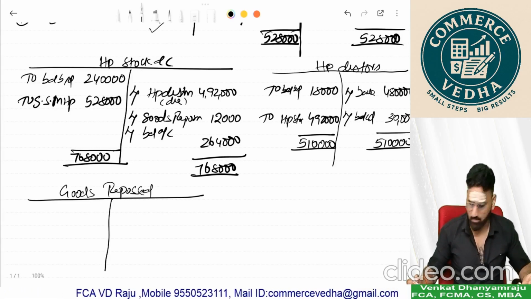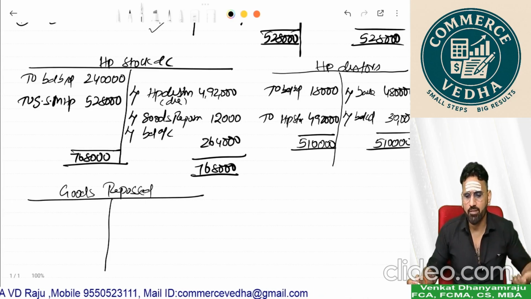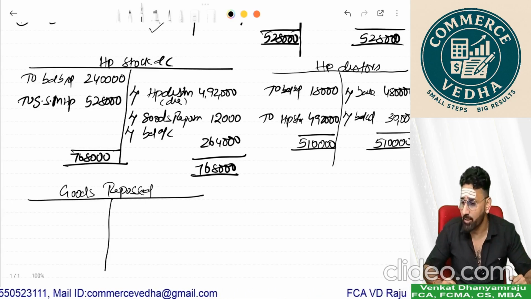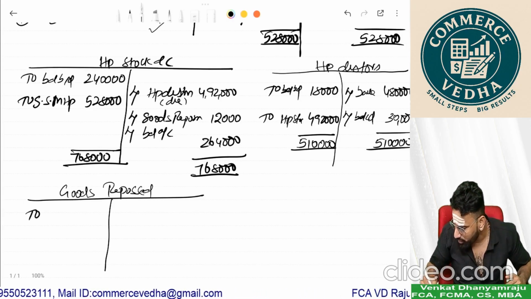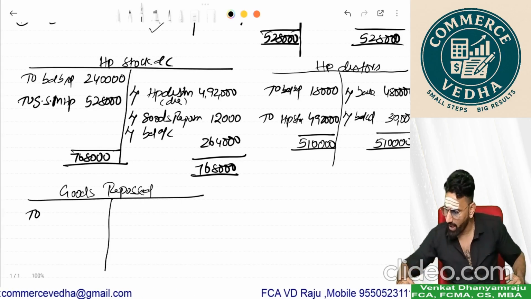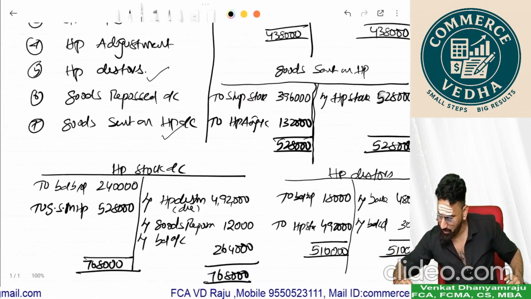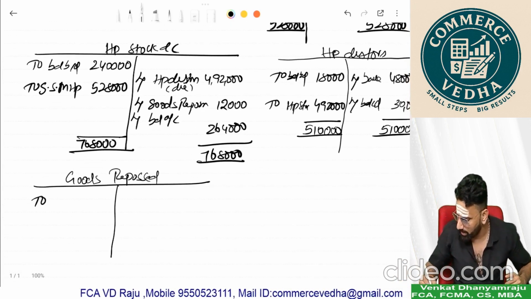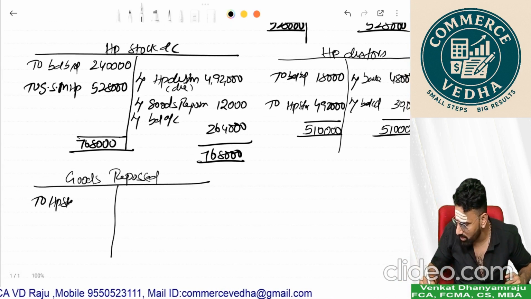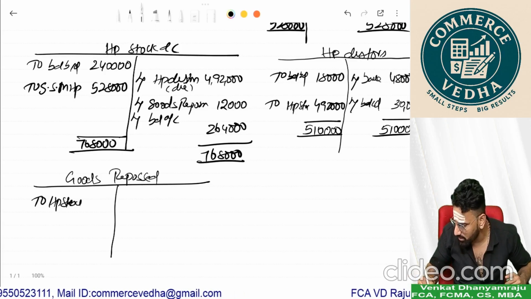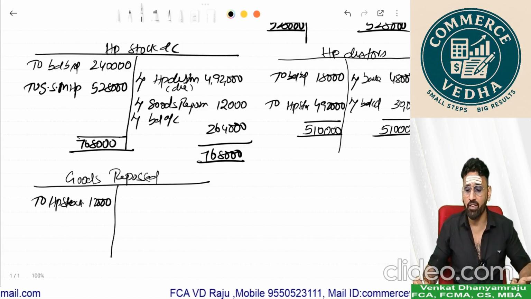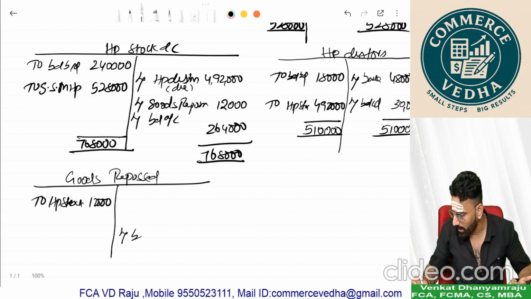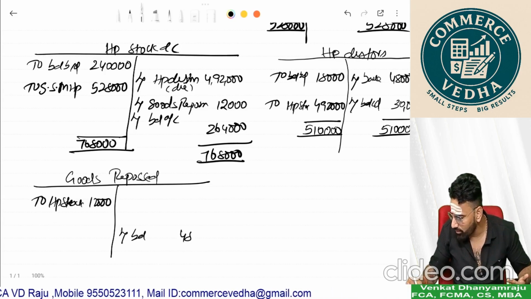Goods repossessed. Now, when I repossess the goods, what is the value of my repossessed goods? The value is from where we have taken this repossession, from hire purchase stock. So to hire purchase stock, 12,000. And the value given here is by balance 4,800.